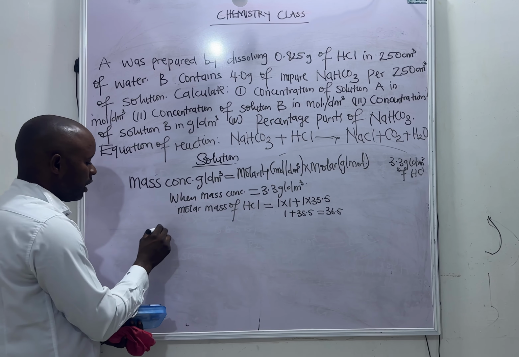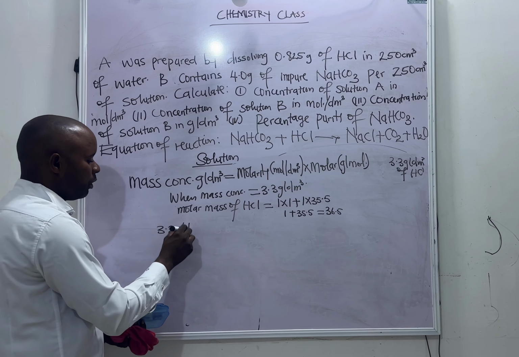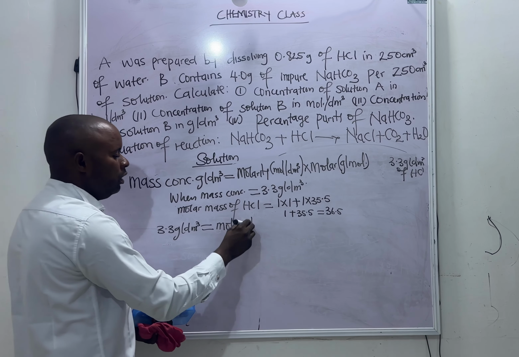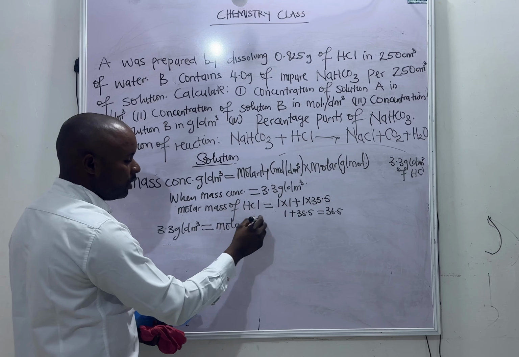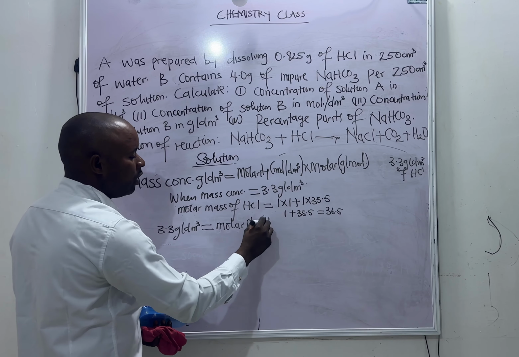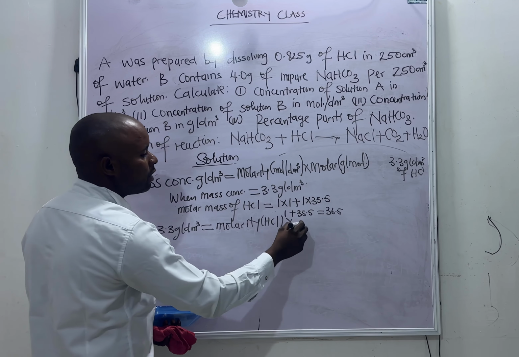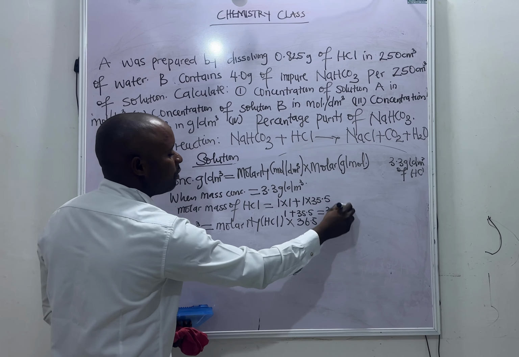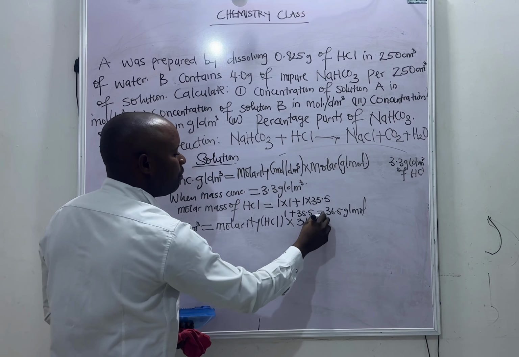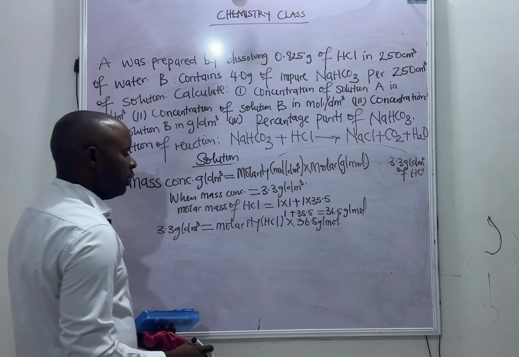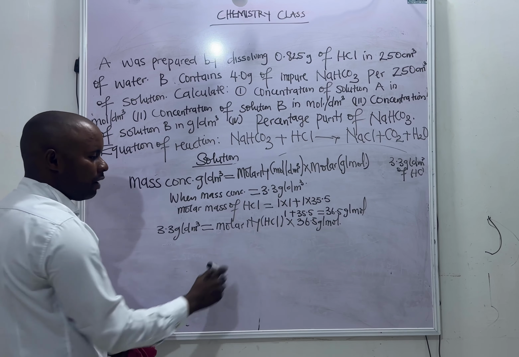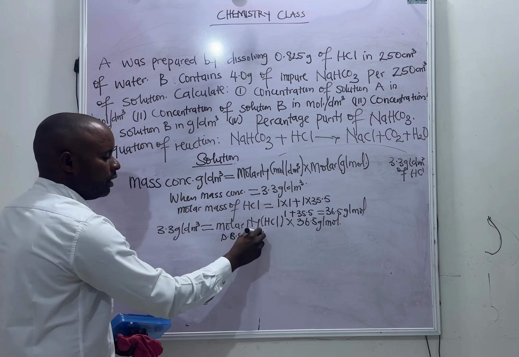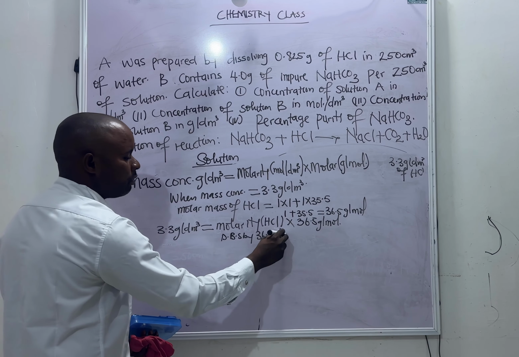That is mass conc, that is 3.3 gram per dm cube is equal to the molarity, which is the concentration of this A, which is HCl, times molar mass, 36.5. This is gram per mole. So now we can divide both sides by 36.5 gram per mole.